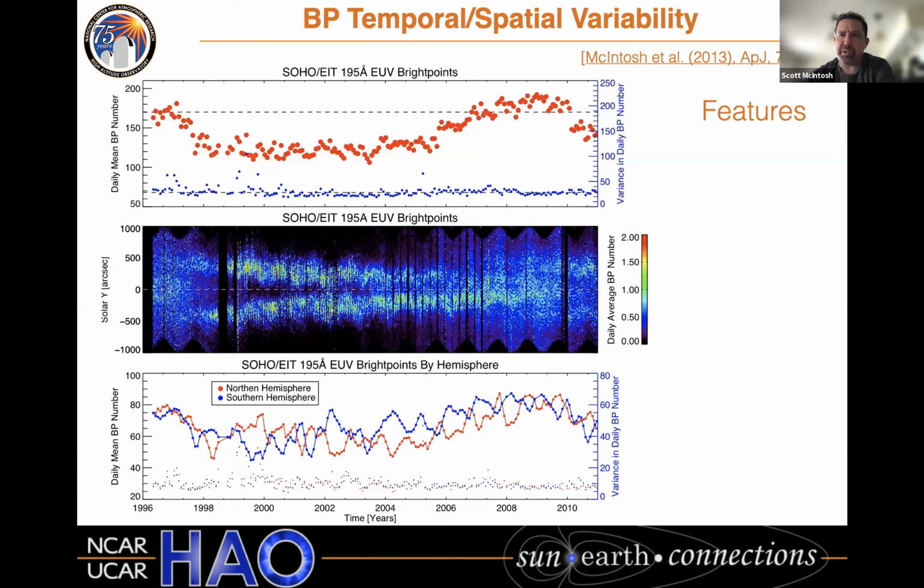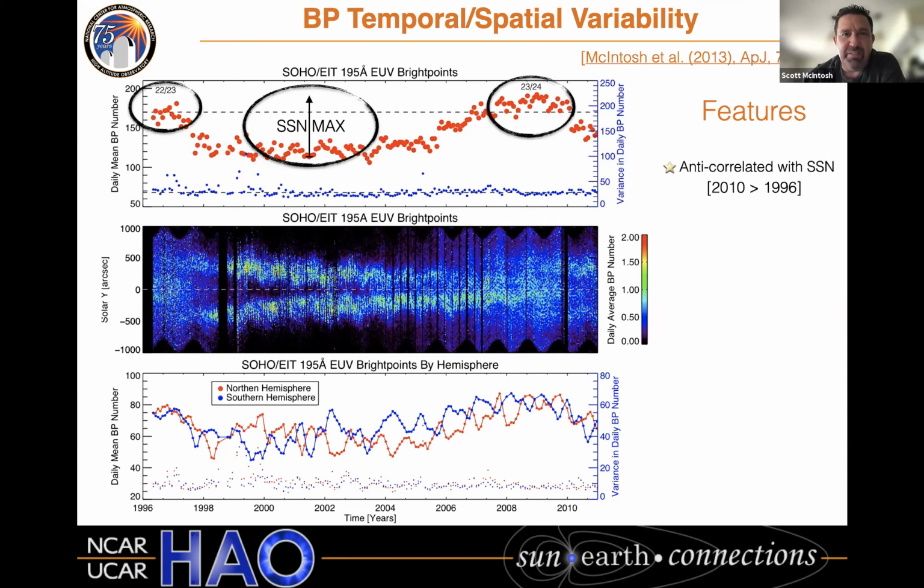Well, when you do some kind of preliminary analysis of these things, you see that if I look at the top of these 3 plots, they're anti-correlated in number with the sunspot cycle. So there's actually more of them at solar minimum than solar maximum. That was already known in the Skylab days. Okay, it's a fairly large discrepancy. They migrate almost linearly from high latitudes to the equator.